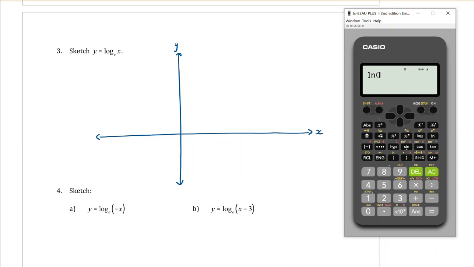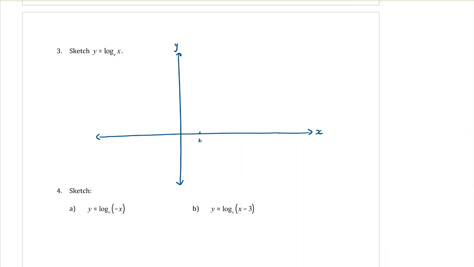If we go ln of 0, we still get the same thing, so it doesn't exist there either. So it's going to be in the positive values where the interesting stuff is happening. Let's try ln of 1. ln of 1 is equal to 0. So x value of 1 is my x-intercept.